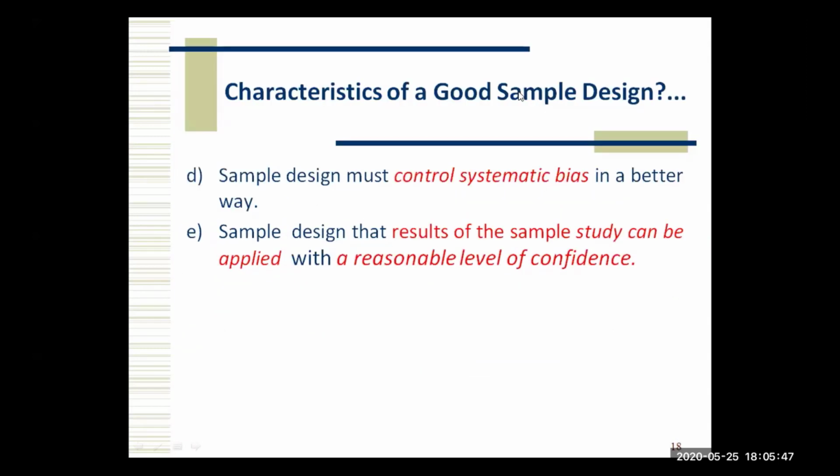And the sample design must also control systematic bias in a better way. That means it is allowed to have certain specific biases, particularly in research, but this bias must be controlled. That means as much as possible, the researcher should not commit his bias towards designing this design.